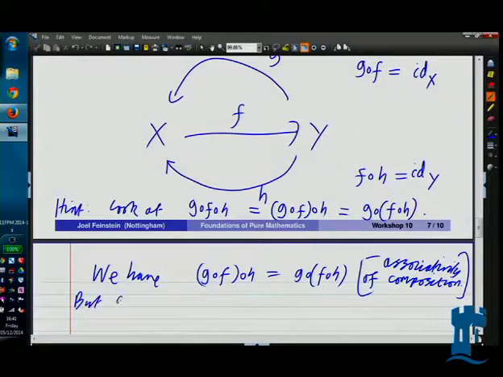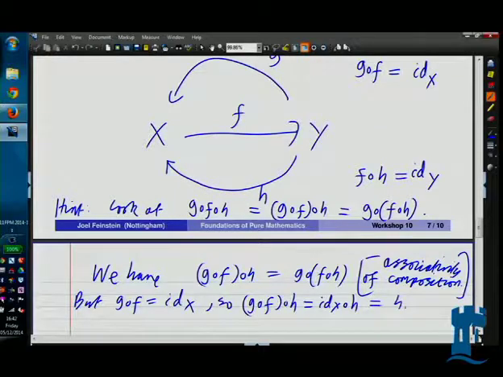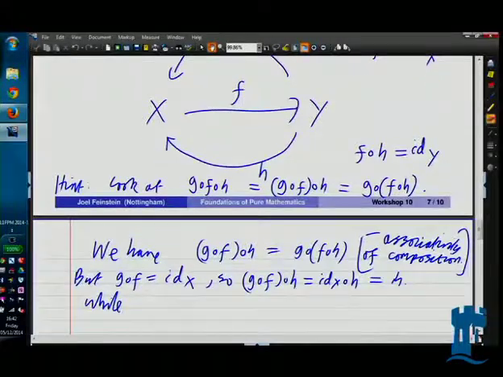But g composed with f is equal to the identity on x, which doesn't do very much. So g composed with f composed with h is the identity on x composed with h, which is h. If you compose an identity map with something, it doesn't change it. While f composed with h is the identity map on y.